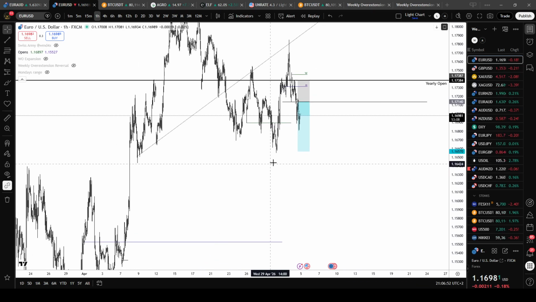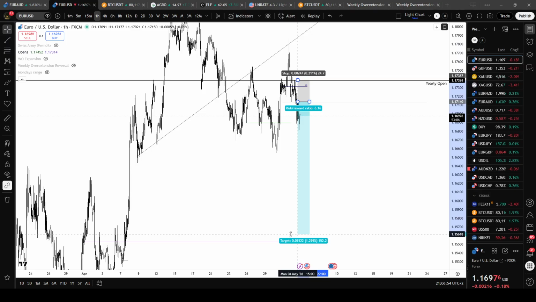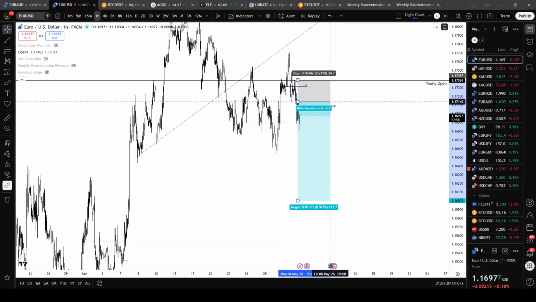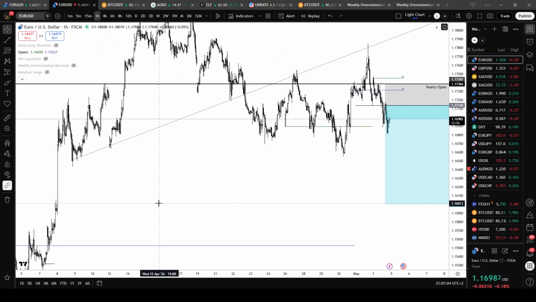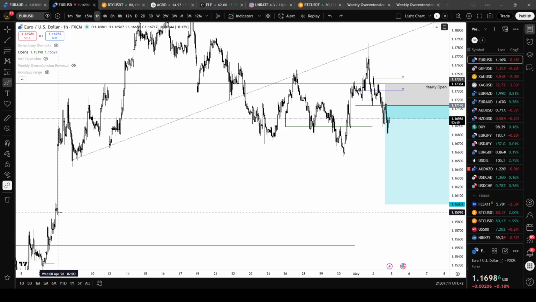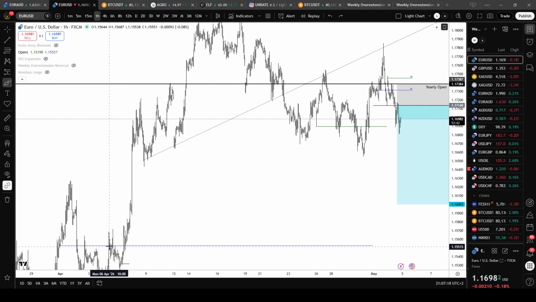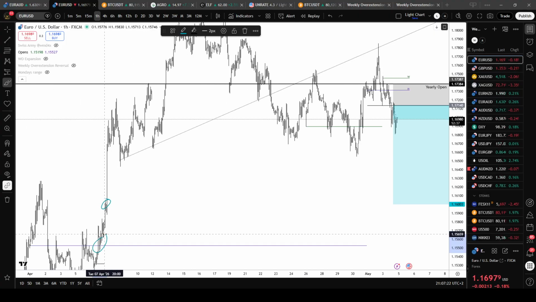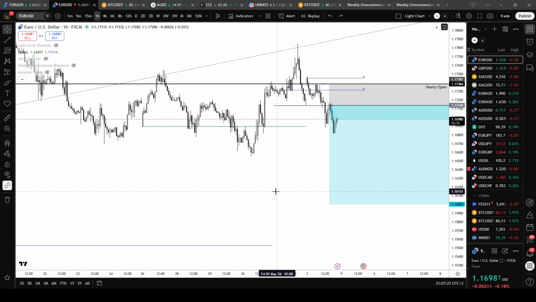But the trade I'm chasing on the euro is towards here at least, because I believe we need to fill this inefficiency, all of this at least, but quite possibly towards the April monthly open. So I would say target 1 and target 2 for this trade.